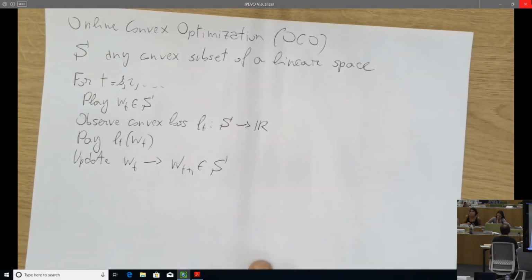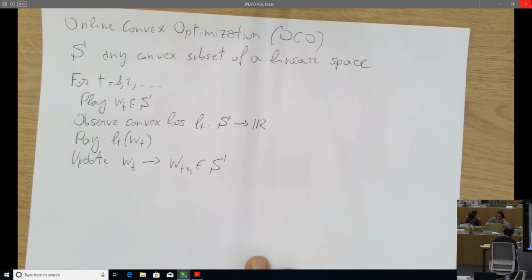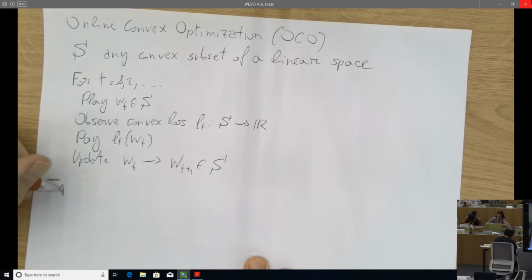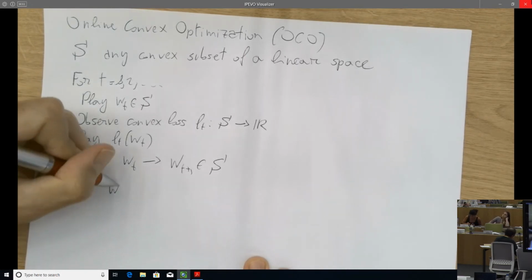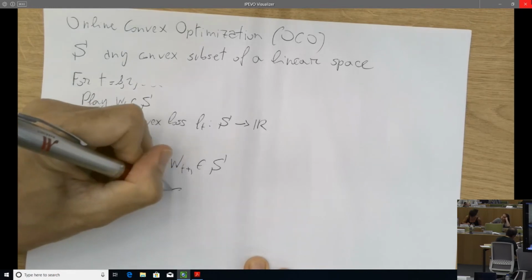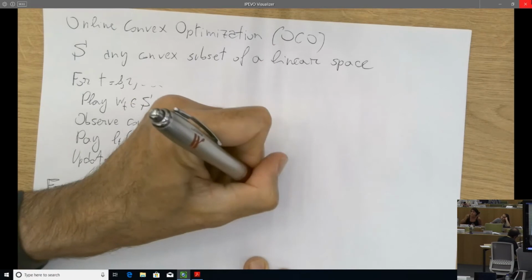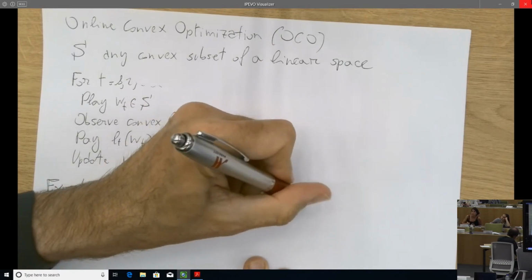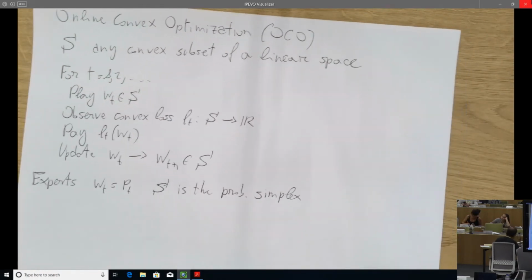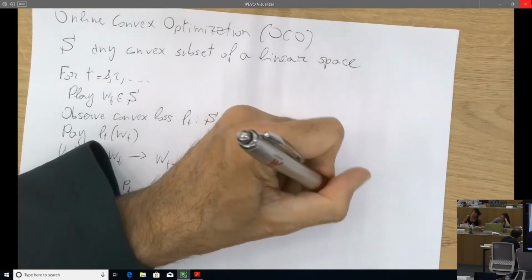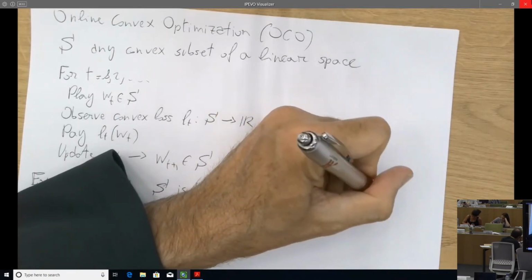Okay, so now, in the case of experts, w_t is p_t, S is the probability simplex, and the losses are linear.